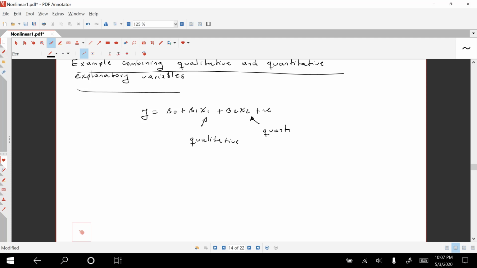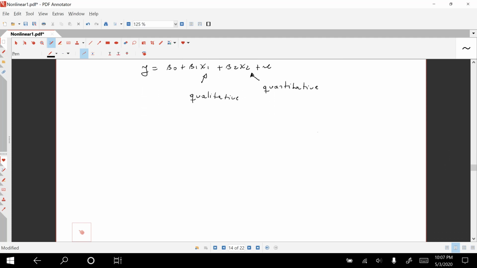Let's assume that x2 is quantitative. Of course, it could be generalized to the case where we have more dummy variables representing different categories, or more than one dummy variable representing different qualitative variables. I think that this example provides us most of the intuition that we need.